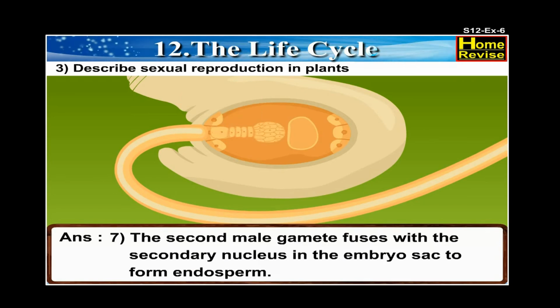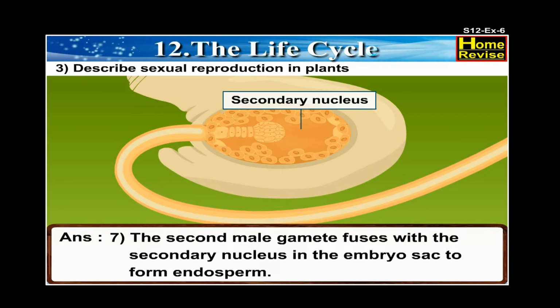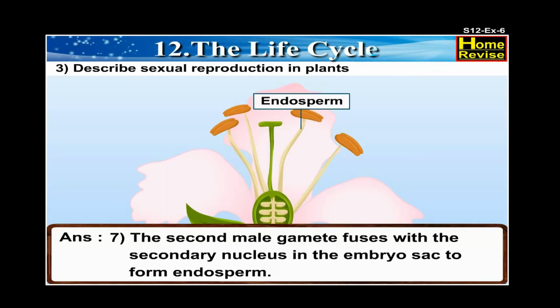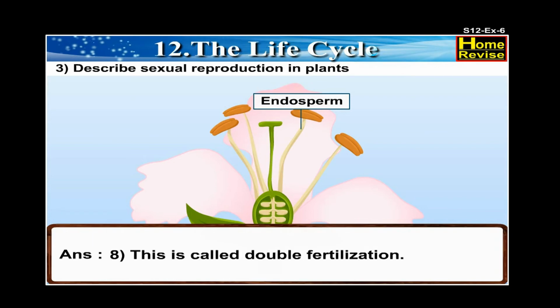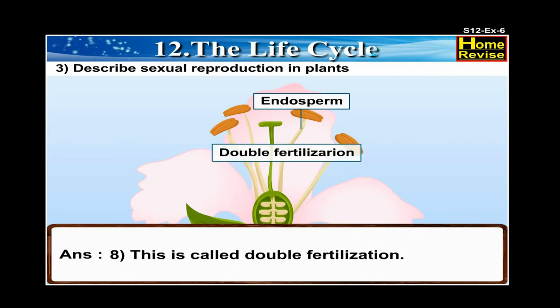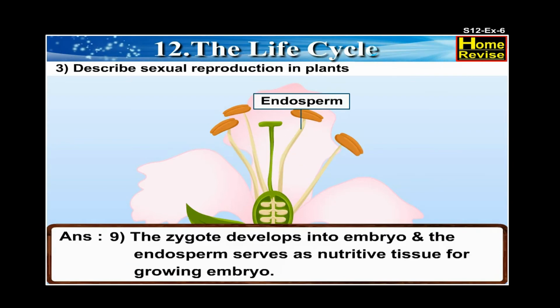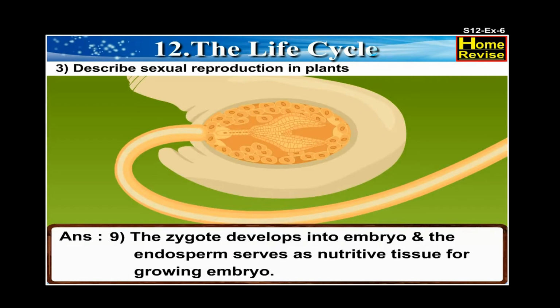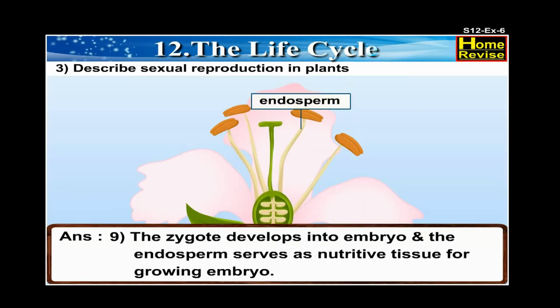The second male gamete fuses with the secondary nucleus in the embryo sac to form endosperm. 8. This is called double fertilization. 9. The zygote develops into embryo and the endosperm serves as nutritive tissue for the growing embryo.